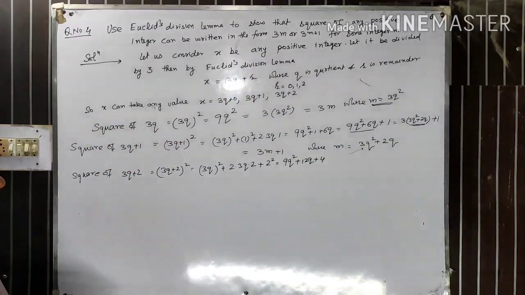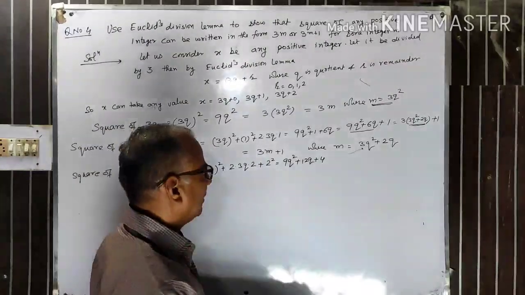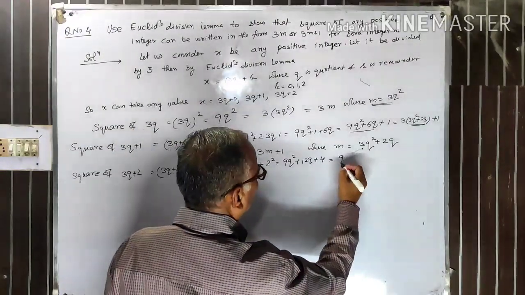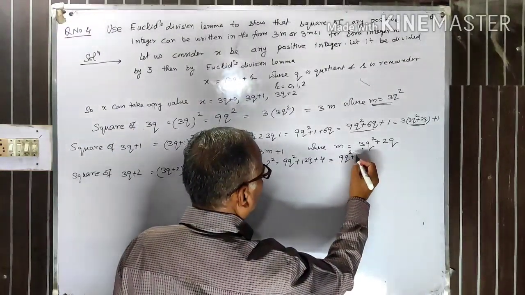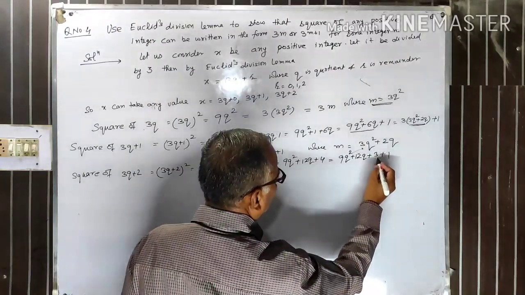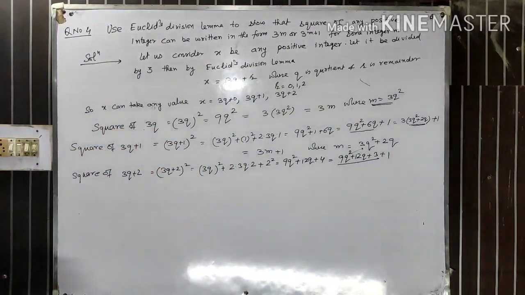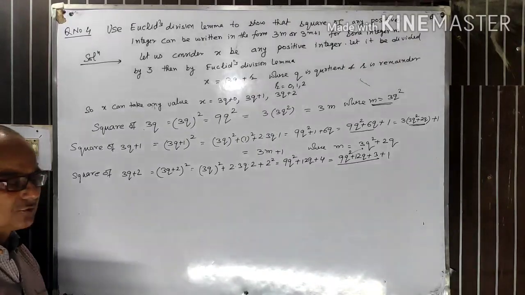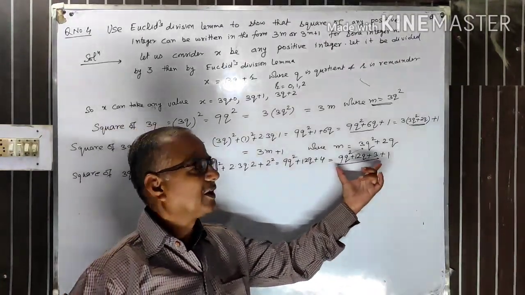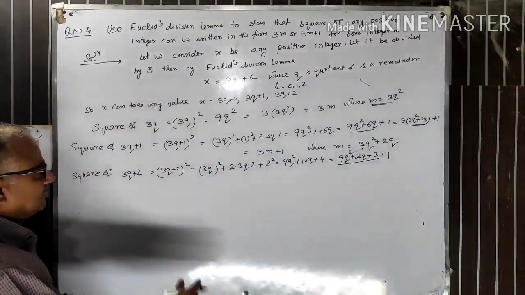Now this 4 is more than 3, so it can be split into 2 parts: 9q square plus 12q plus 3 plus 1, because we have to take 3 common from here.